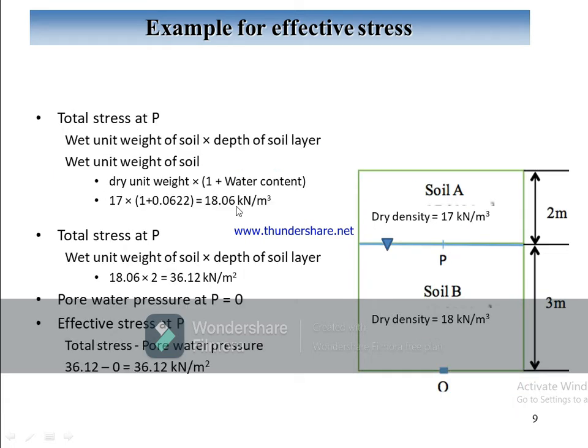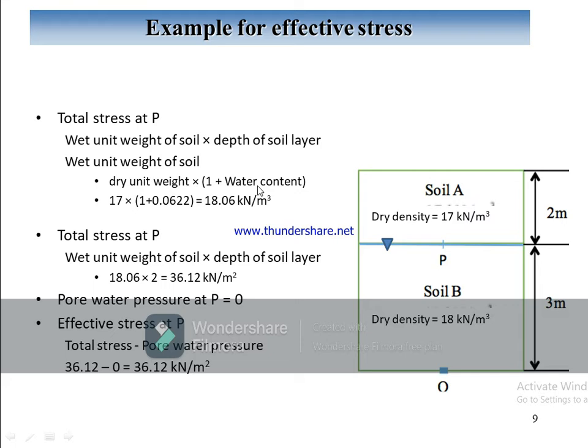So first of all, the total stress at point P. As I mentioned earlier, they gave us the dry unit weight, so we will convert this dry unit weight into the wet unit weight of the soil. That is equal to the dry unit weight multiplied by 1 plus the water content.